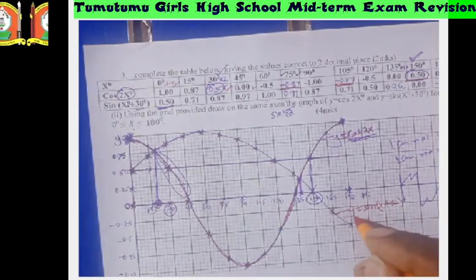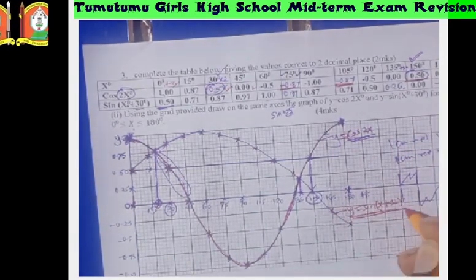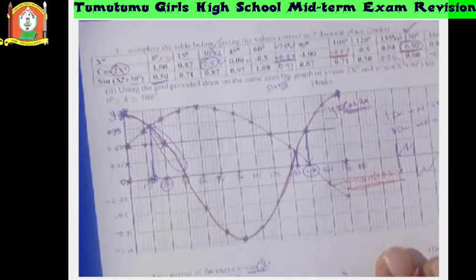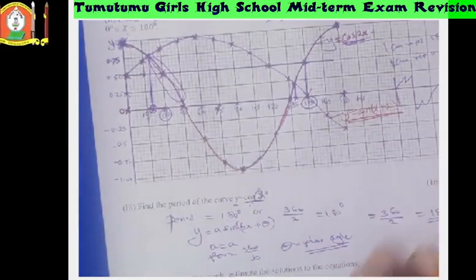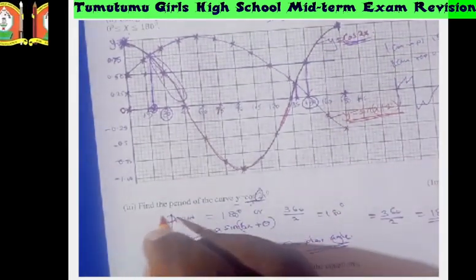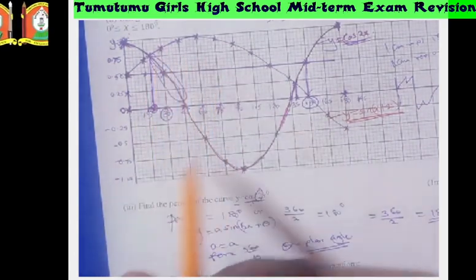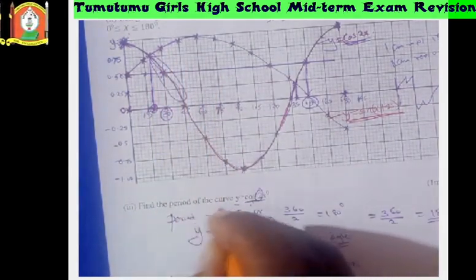It's good that you label them to distinguish between the two. Now, using your graph, we want to find the period of the curve.